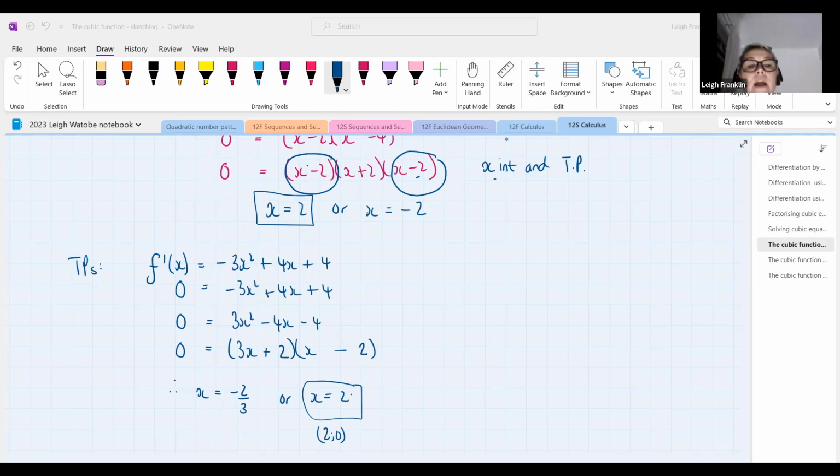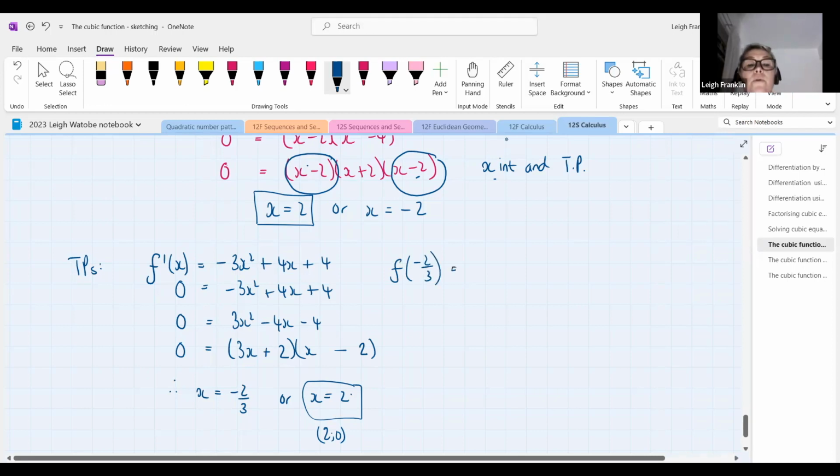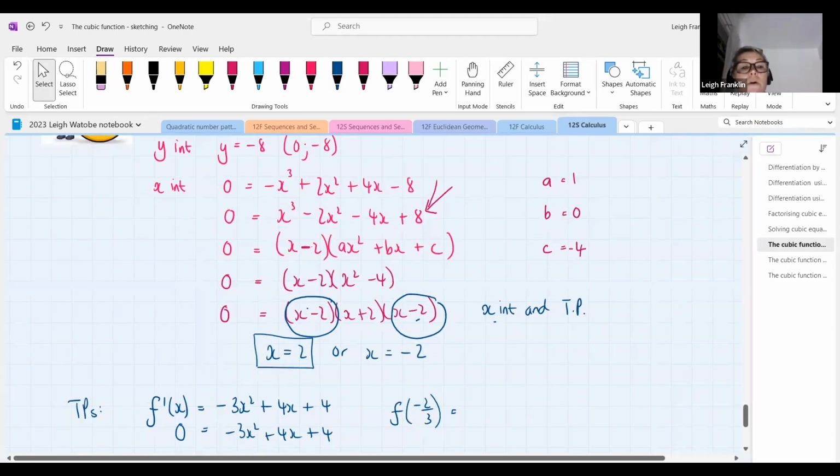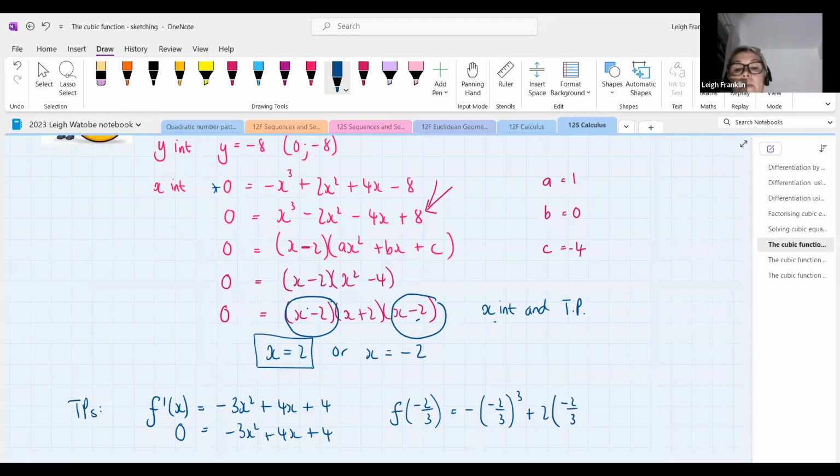So you need to calculate f of minus 2 over 3 using your original. Okay, so our original was this one over here. And we're going to get a fairly nasty y coordinate, but that's okay. That happens sometimes when a nasty fraction goes in.